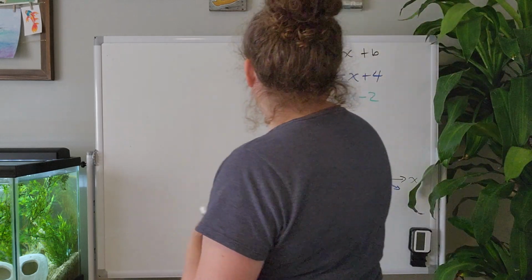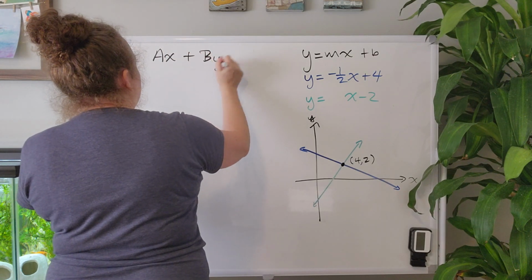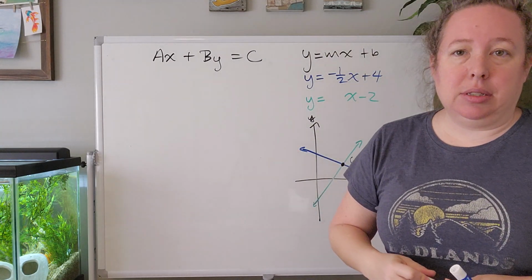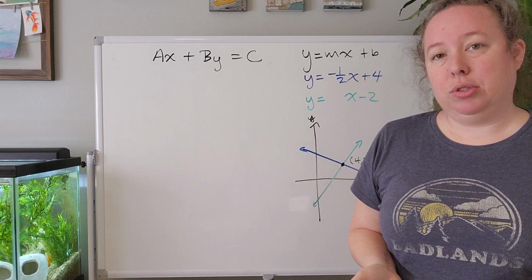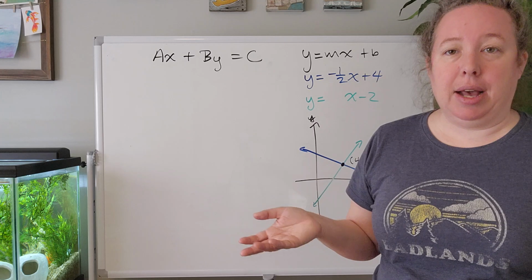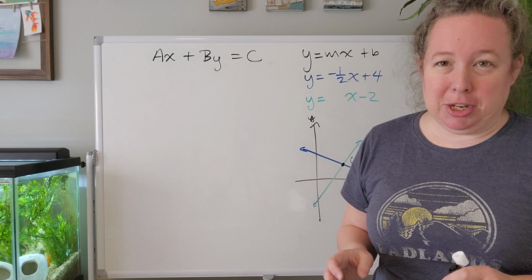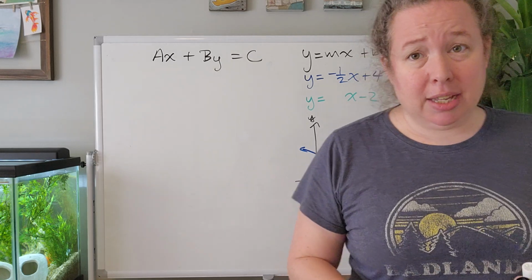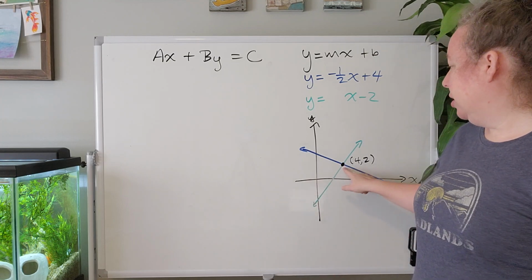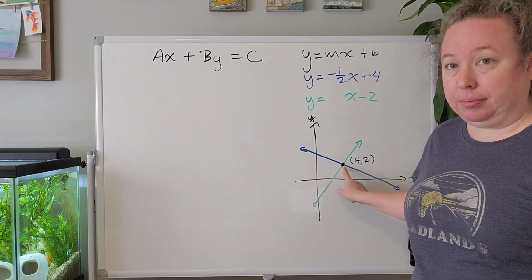So what we're going to do is rewrite our two lines in standard form, and then use those lines to show how to do what's known as the combination and elimination method for solving a system of linear equations. So again, that all sounds extremely fancy and maybe complicated, but all we're doing is learning a technique to find the place where the two lines intersect.